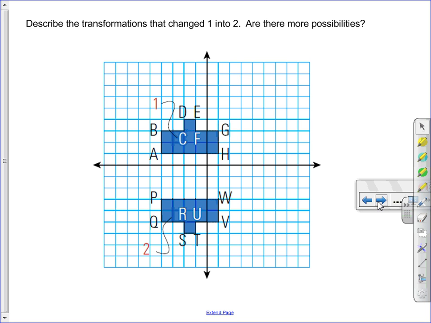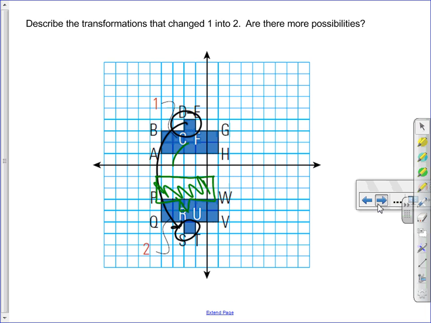What happened here? Right away, I see that this is a reflection. The reason I see it's a reflection is because this top notch here is now at the bottom. So it got flipped over the x-axis. First it got flipped over, and that would be the way it would look if you just flipped it over the axis, and then it also got moved down.